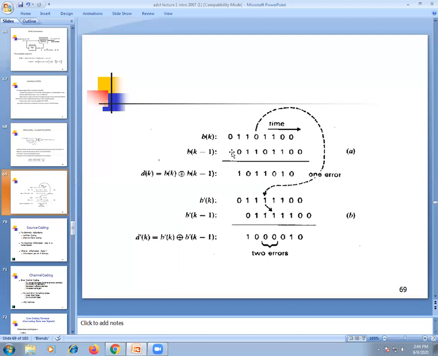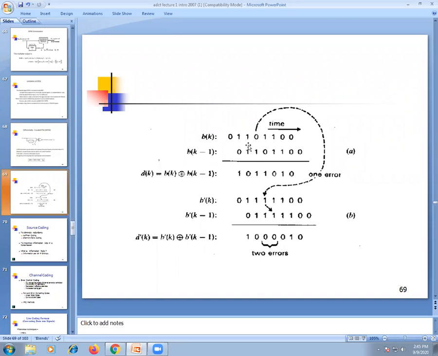So the first place is followed by the second, third, fourth, and so on. Now this is B of k minus 1. Now the XOR of these two is D of t, that is D of k equal to B of k XOR B of k minus 1. The first bit is left as it is, and from the second bit onwards the delay takes place.